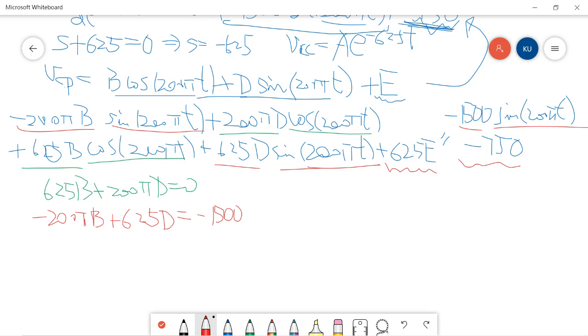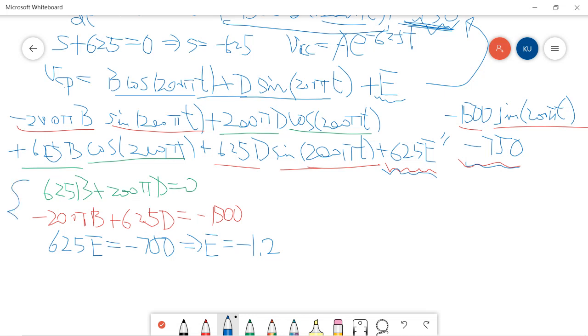And then the only remaining term is this one. So we have 625 e equals minus 750. And this one is independent, so we have e equals minus 1.2.